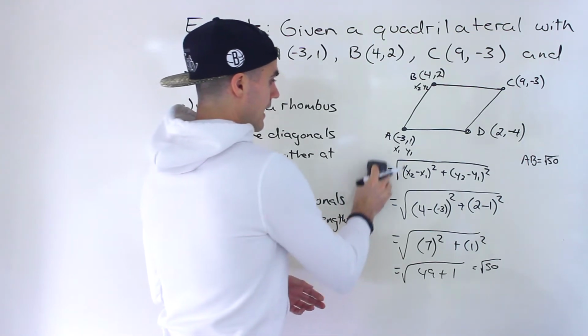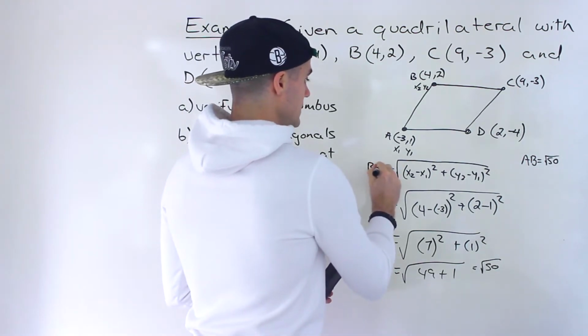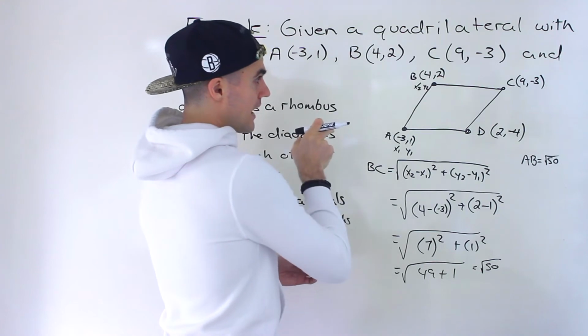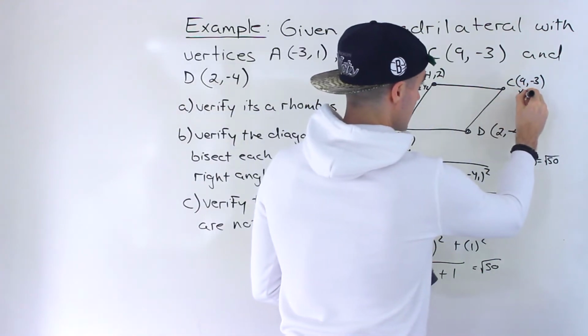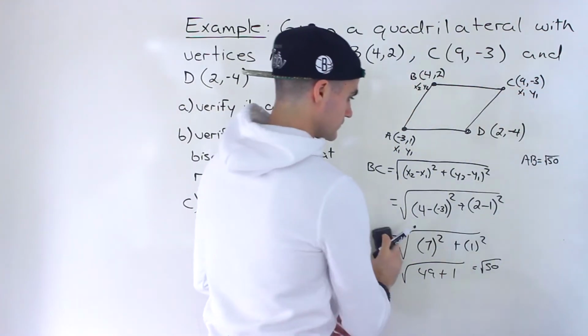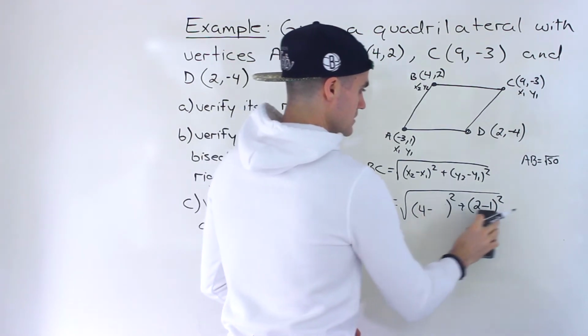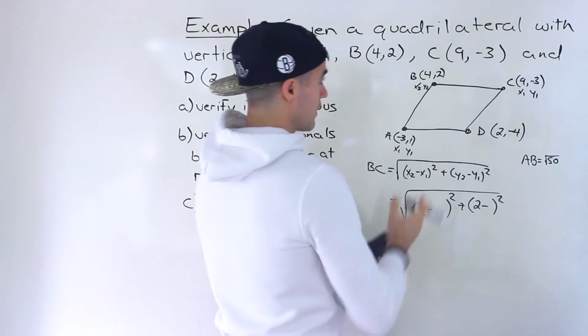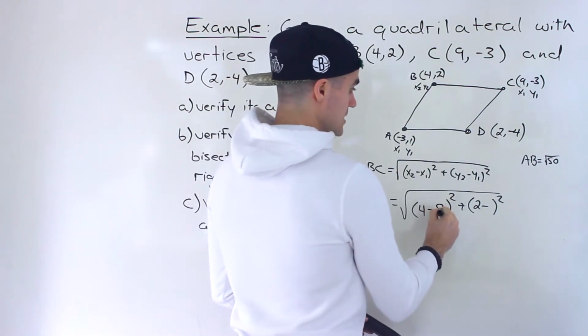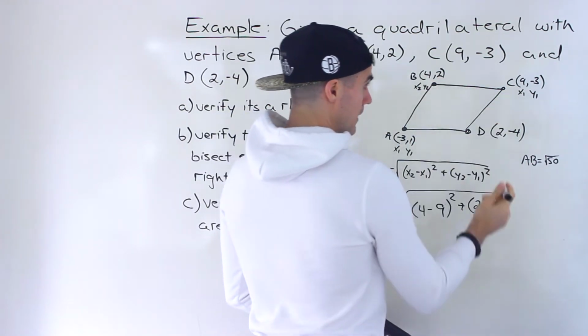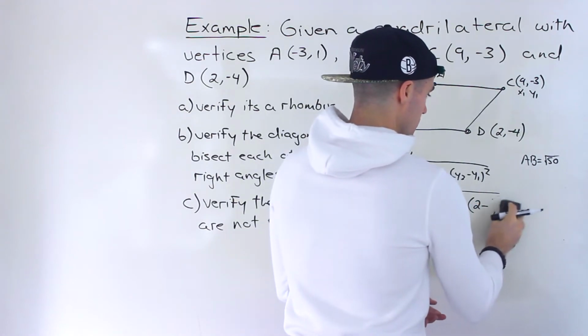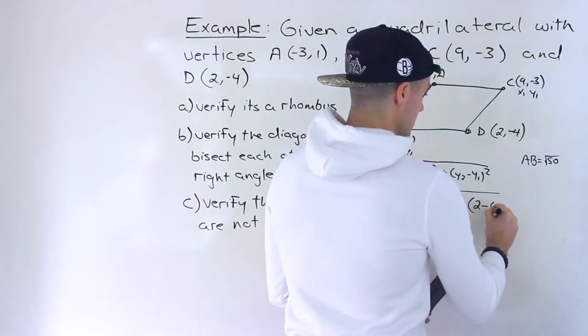Now let's find the length of BC. So B we already have x2, y2, so I'm going to label C as x1, y1. And so what we would adjust is basically these values over here. So we'll have 4 minus x1, which is 9. Then we'll have y2 minus y1, which would be 2 minus -3.